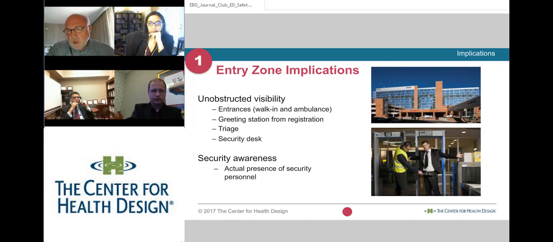But what we're learning from talking with those who work in emergency departments is the increased value of some sense of security, the awareness before you even come through the door that there's going to be surveillance taking place to keep an eye on what happens in that emergency department.